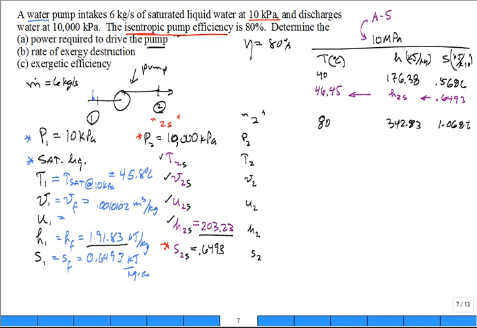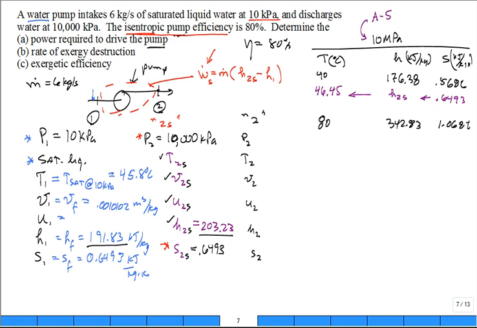Energy balance. The energy balance around this pump. What do we get from the energy balance? That the work or power in is equal to the mass flow rate times H2S, if this is S, minus H1, right? So the isentropic power is the mass flow rate times H2S minus H1. Thumbs up?